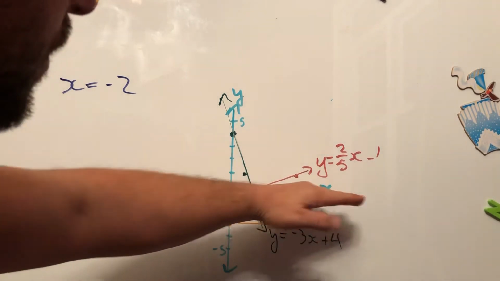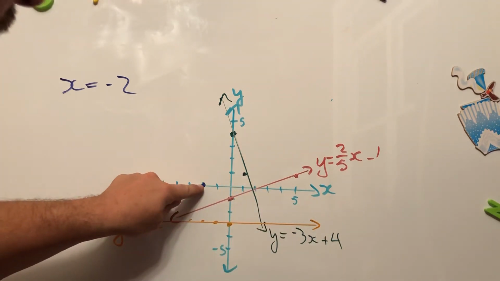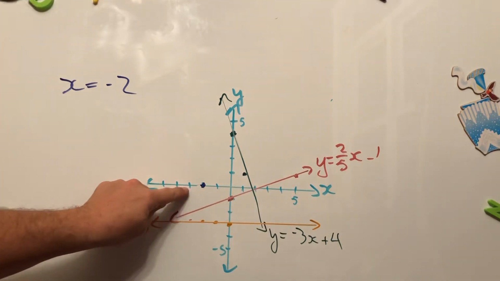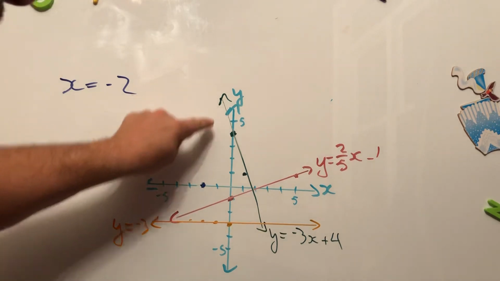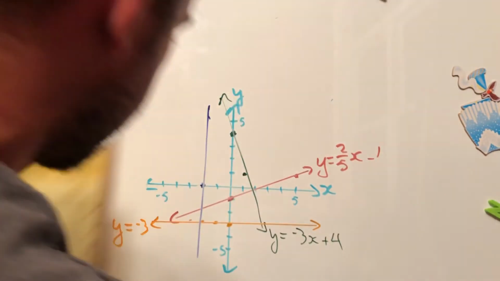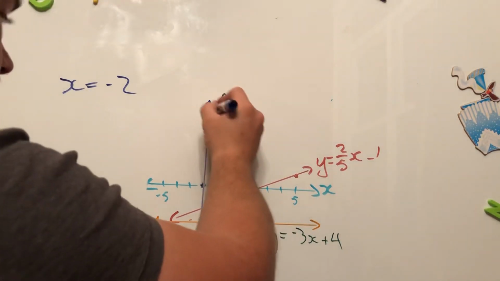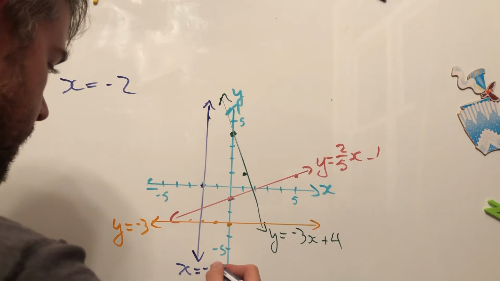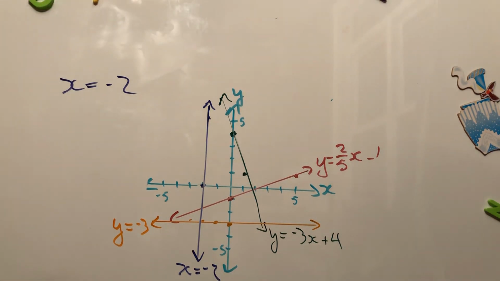Again, you'd think x would be horizontal, but here x is -2, here it's -1, here it's -3. Only along this vertical line is x equal to -2. So that is our line x equals -2. And that's just a quick review of graphing in slope y-intercept form.